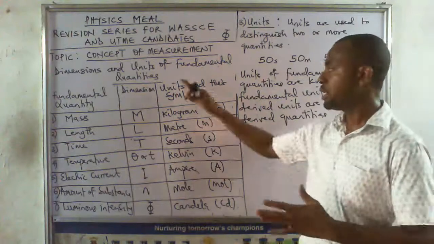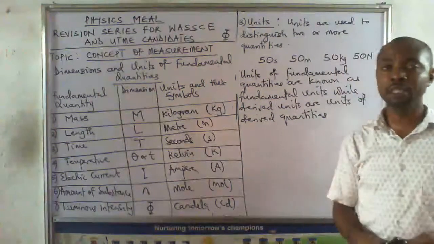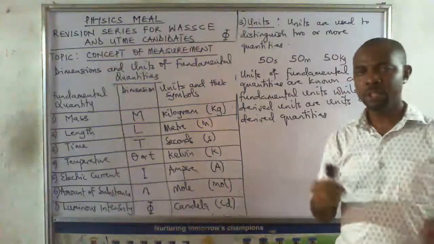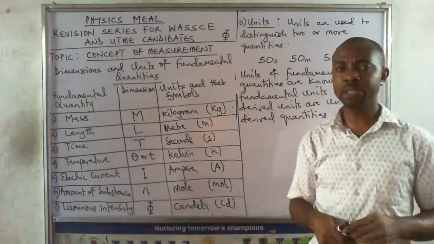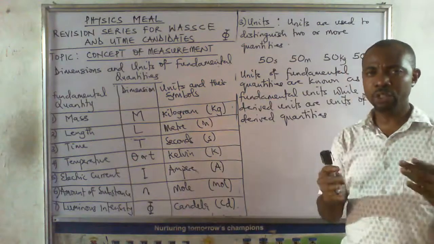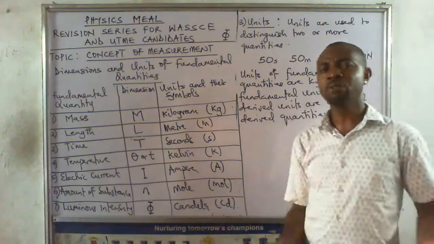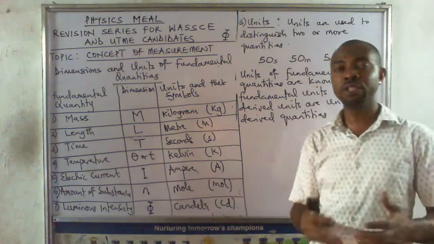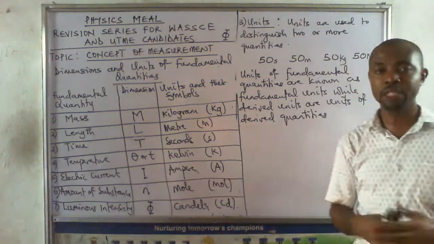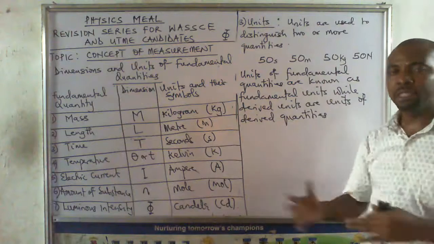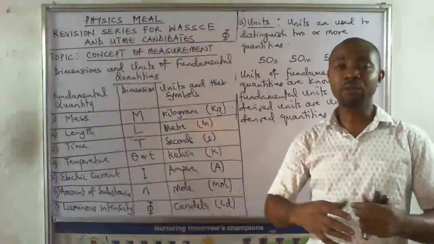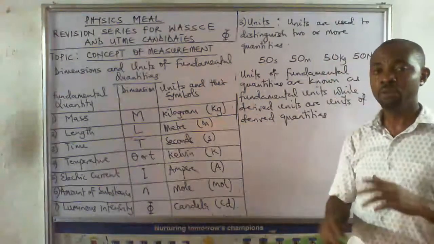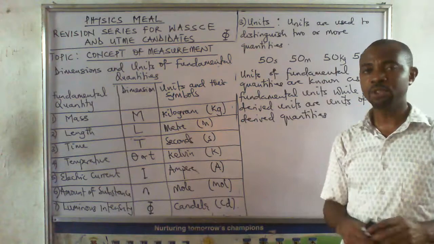Look for questions that concern fundamental quantities and derived quantities, especially those questions used to appear in the objective. So just go through those questions and see, maybe in some question they will just say which of the following is a fundamental quantity, or which of the following is the unit of a fundamental quantity. Now see, after watching this video, just go back and see if you can quickly answer the question within this short break, because we want to go on a break.